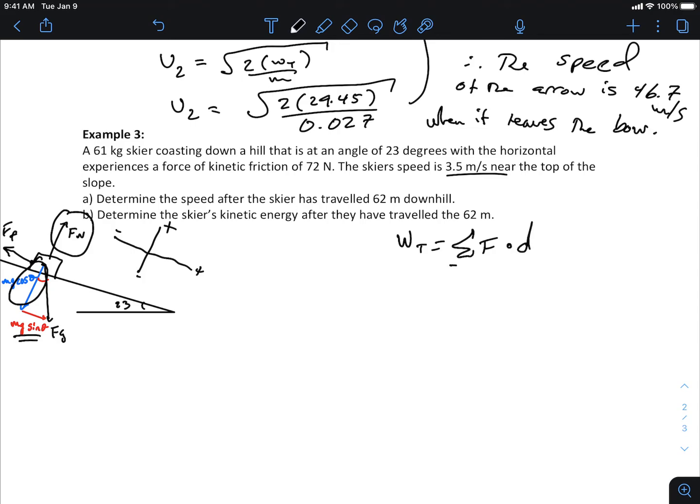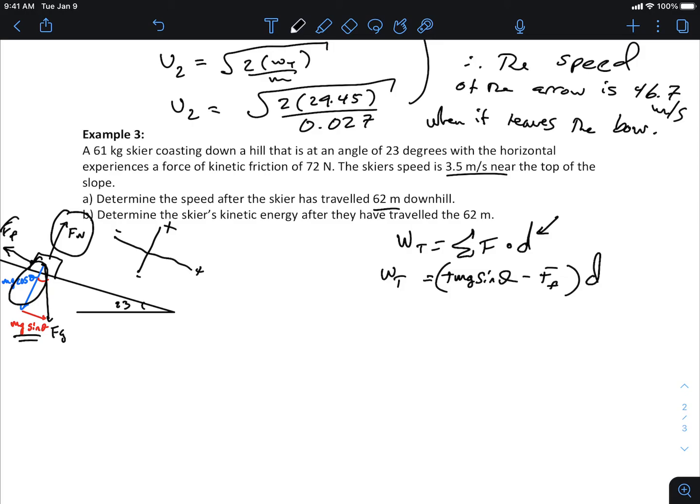So we're going to look at what the forces are that are acting in this direction of motion, d. I have a positive mg sine theta. And what else do I have? Well, the force of friction that's acting negative, and that's going to be multiplied against the length of the hill, 62 meters. Anybody have any objections? That's the algebraic expression for the total amount of work.